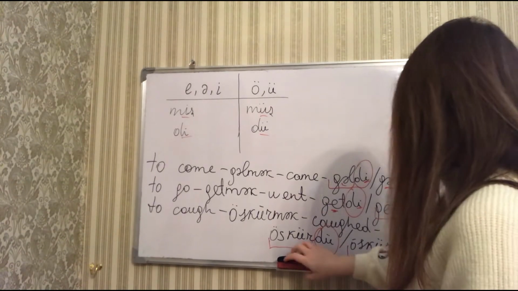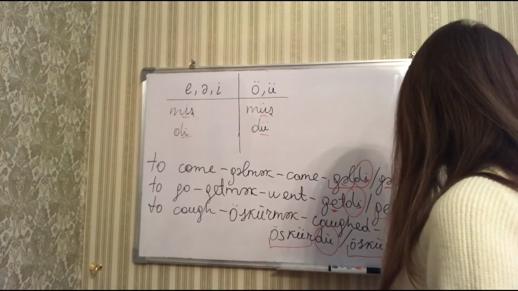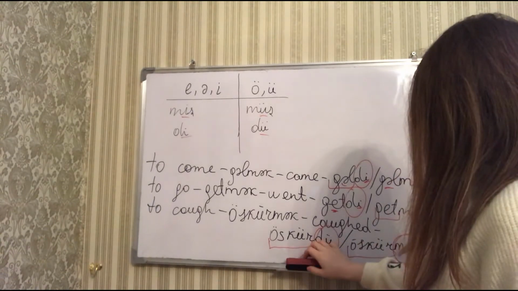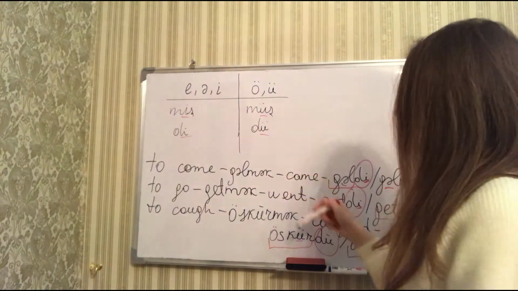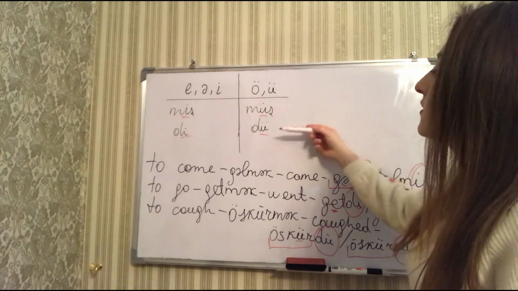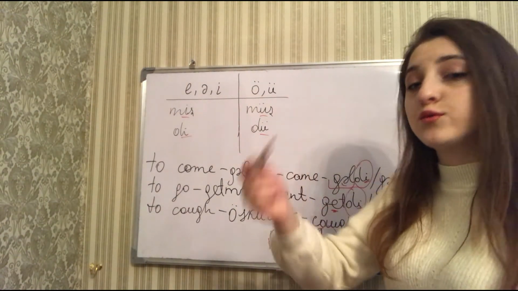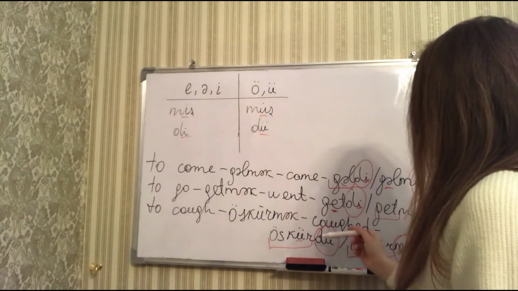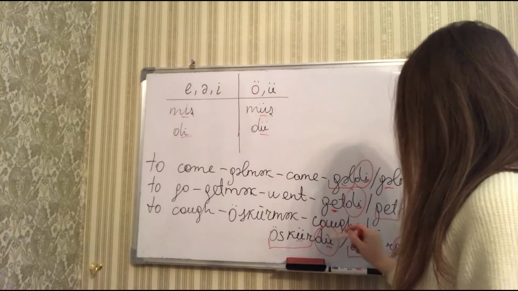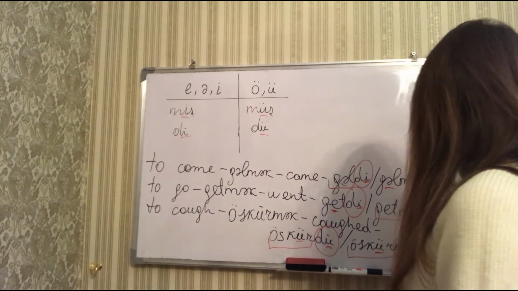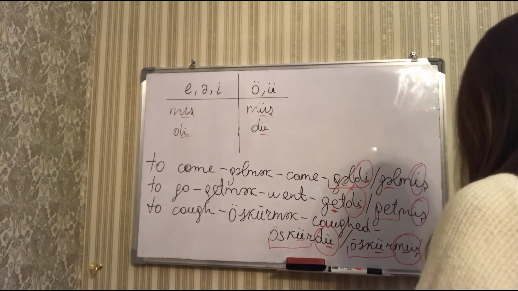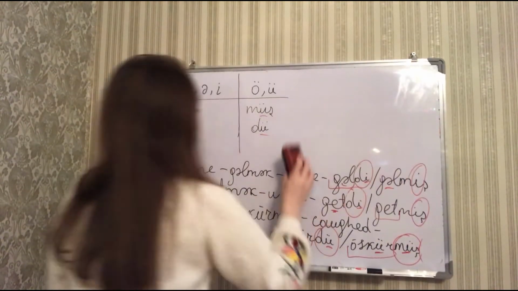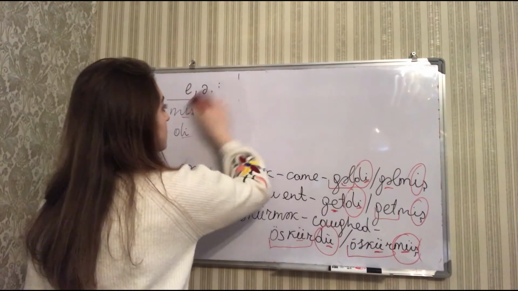Or öskürmüş. So, ü is a soft vowel. That's why I added dü and müş. Öskürdü, ü. Öskürmüş, ü and ü again. Okay. Now, let's write sentences.